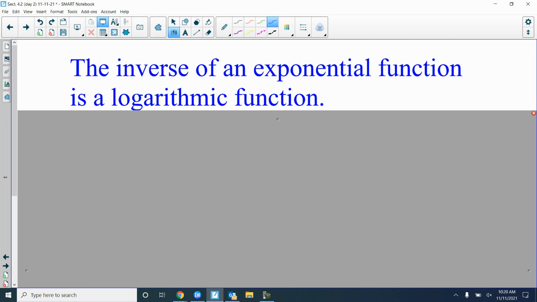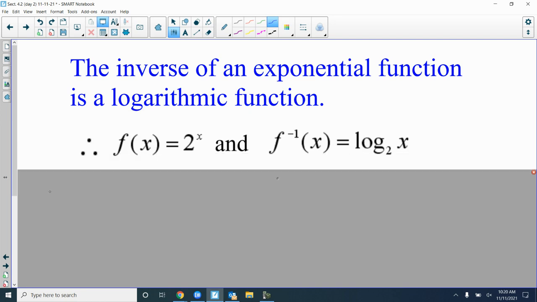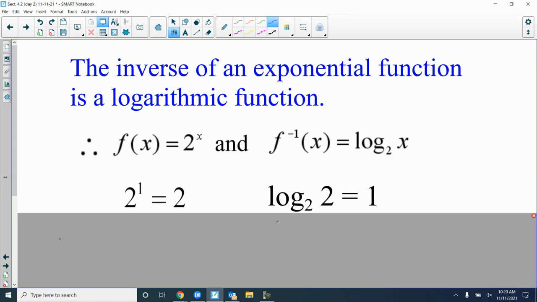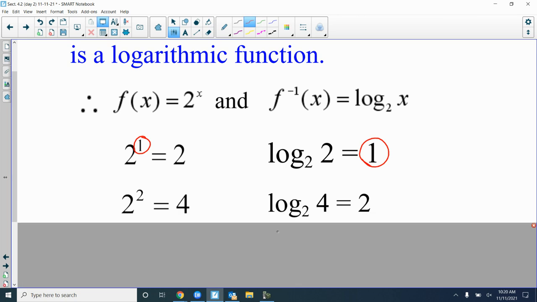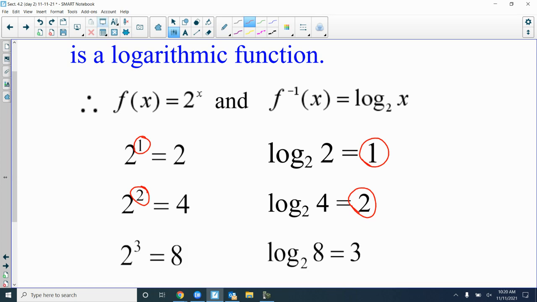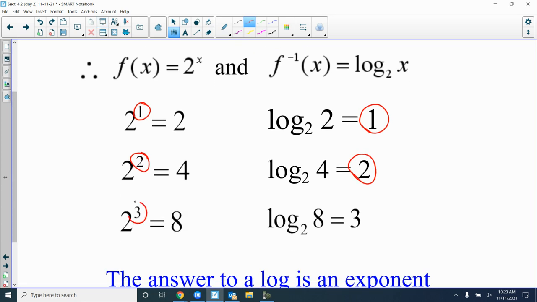So using this little case here, 2 to the x. 2 to the first equals 2. When I use the inverse, log base 2 of 2 equals 1. 2 squared equals 4. Log base 2 of 4 equals 2. 2 cubed equals 8.